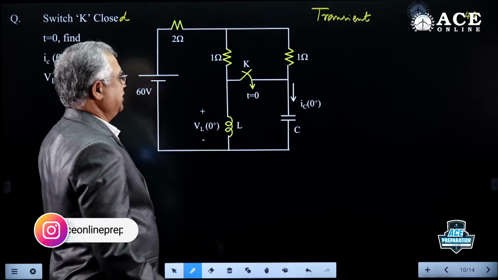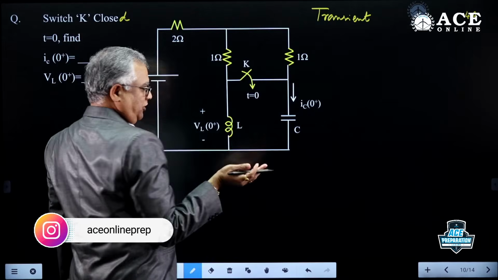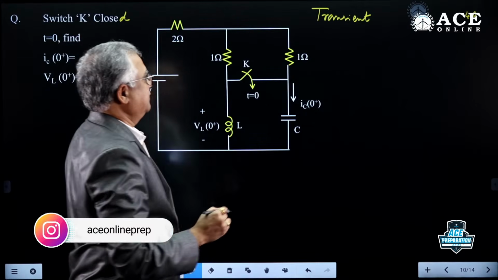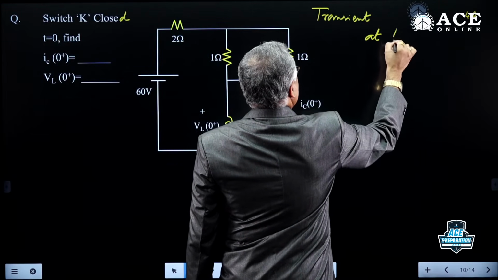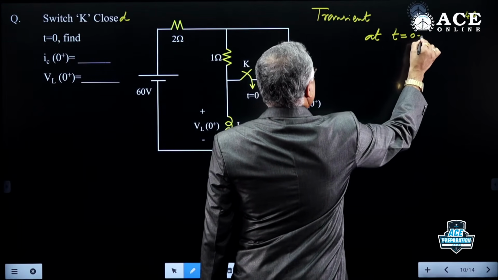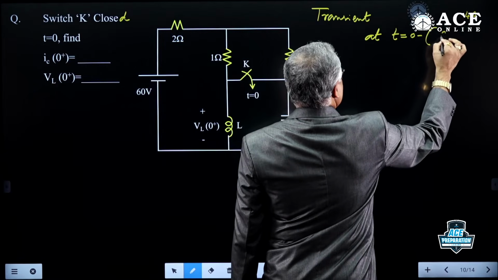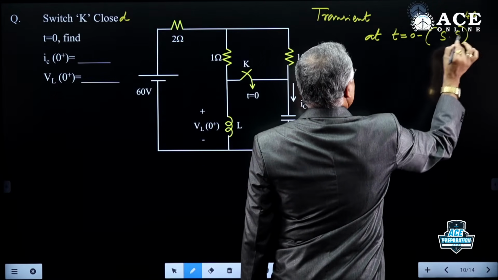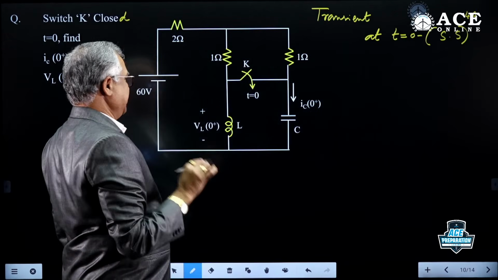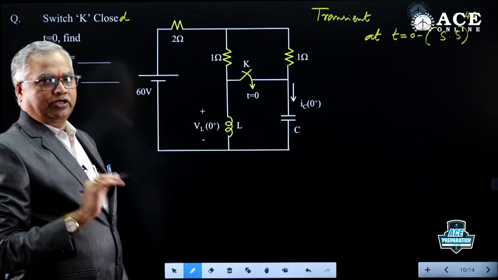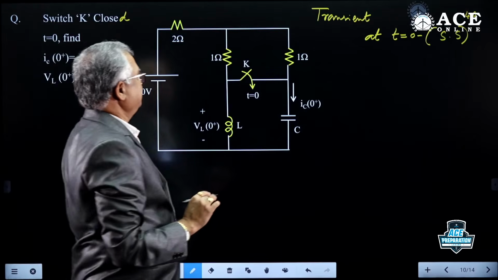Whenever they ask a question at 0 plus, immediately you go back to 0 minus. So draw the equivalent circuit at T equal to 0 minus. The 0 minus is always steady state. In steady state, the inductor is short and the capacitor is open.